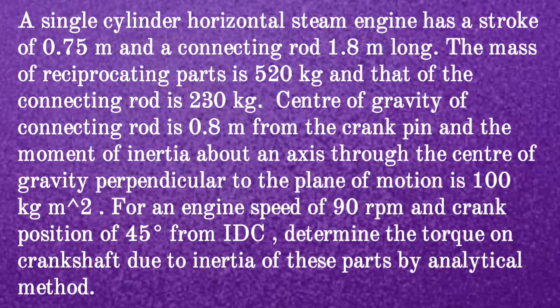Center of gravity of the connecting rod is 0.8 meter from the crank pin, and the moment of inertia about an axis through the center of gravity perpendicular to the plane of motion is 100 kg meter square. For an engine speed of 90 rpm and a crank position of 45 degree from inner dead center, determine the torque on the crankshaft due to inertia of the parts by analytical method.